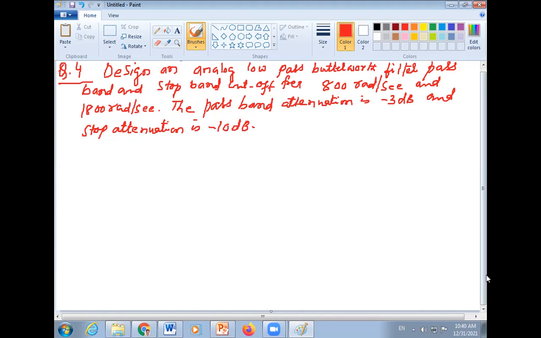So this is the example. For this, let us design an analog filter.